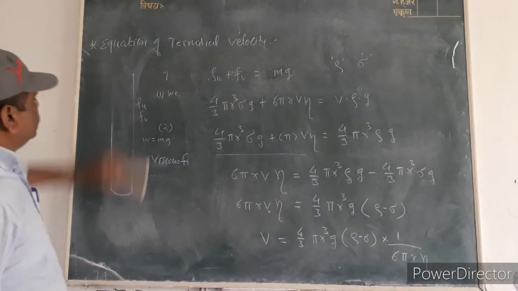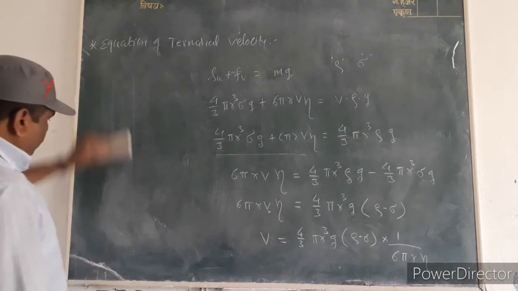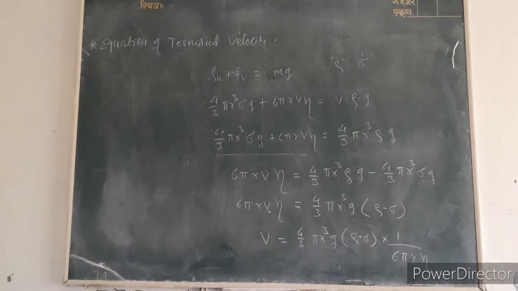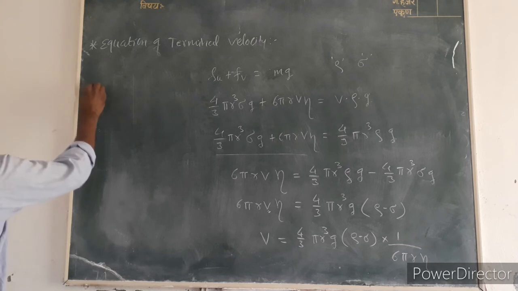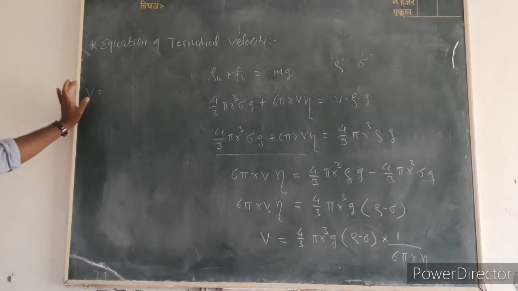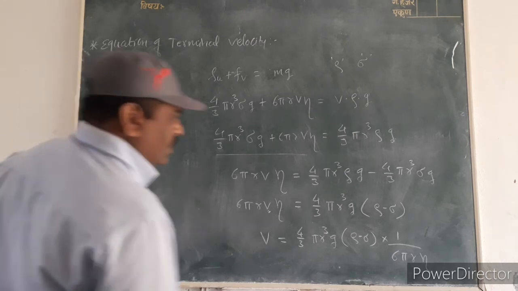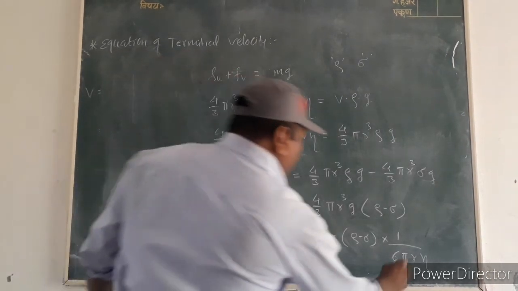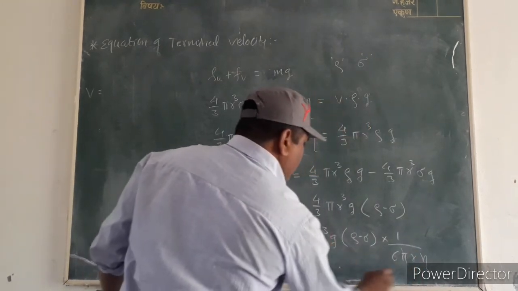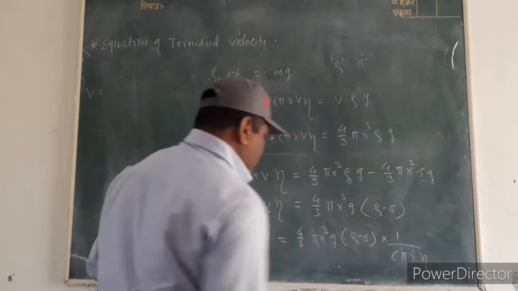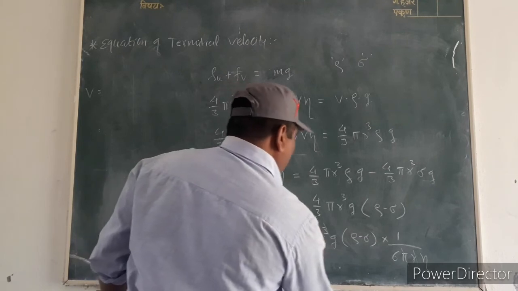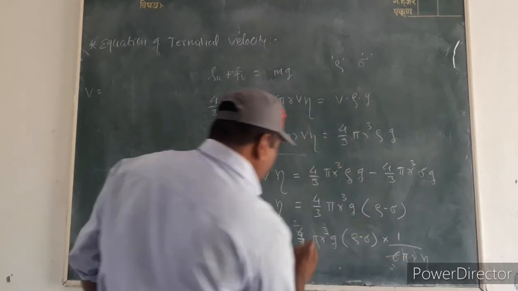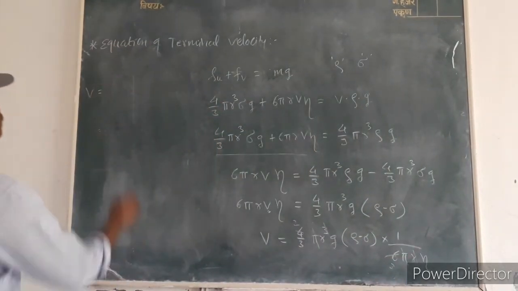Therefore, v, the terminal velocity, is equal to: pi cancels, one r cancels, 2 by 9.